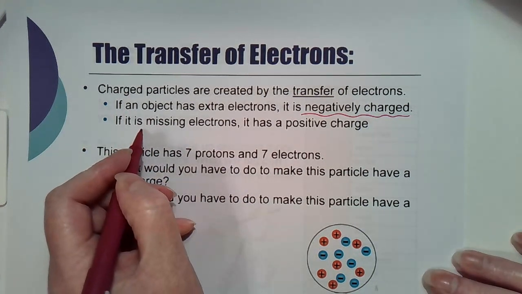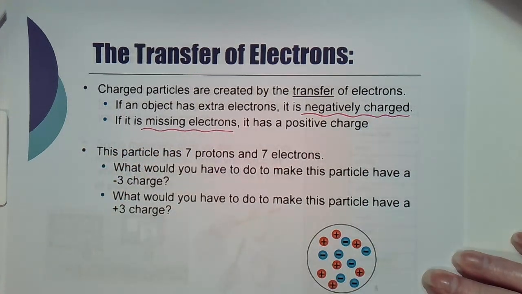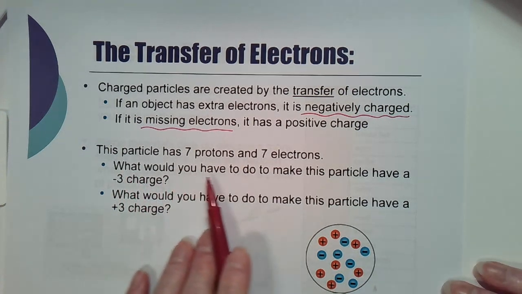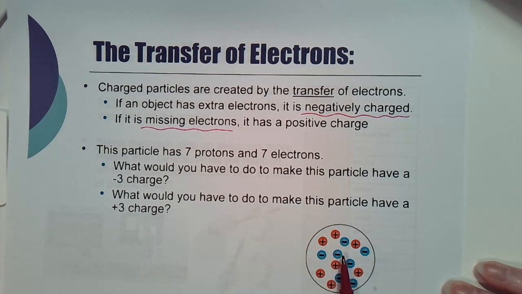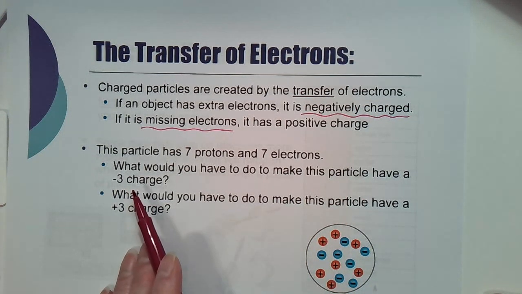But I could take away some of its electrons, and if I took away some of its electrons, then it could become positively charged. So on your notes here, I ask you, what would you have to do to make this neutral particle have a -3 charge?